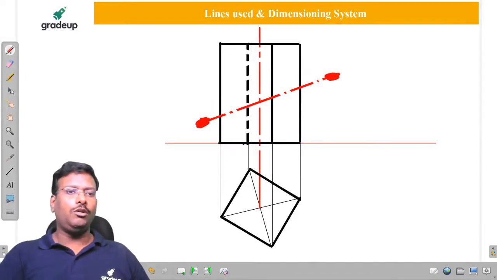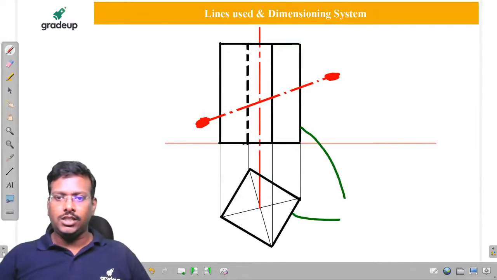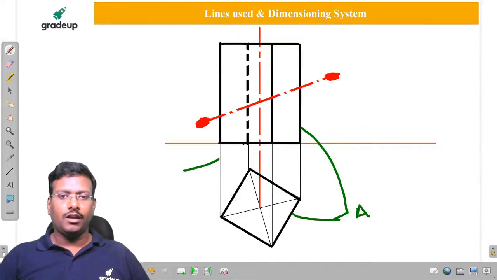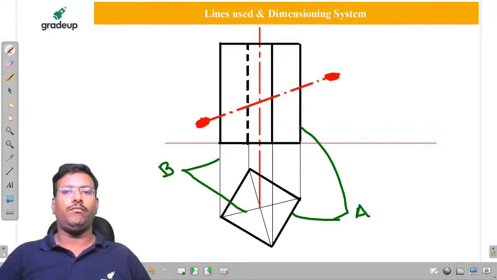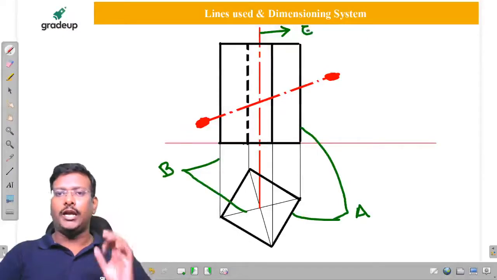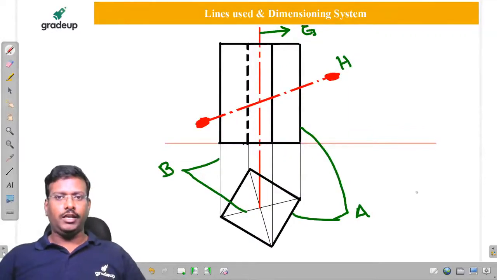So here I am going to show different lines. You observe, my dear friends. These visible elements are type A. Projectors and construction lines come under type B. Axis line comes under type G. And it is going to be H.